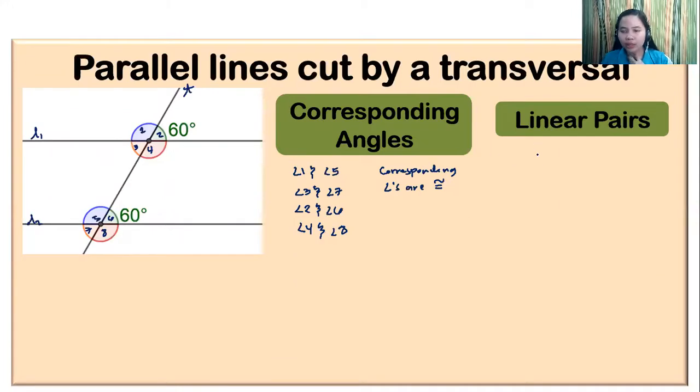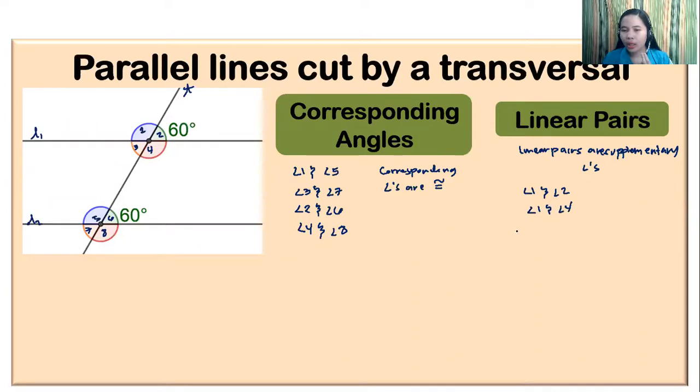So linear pairs are supplementary angles and they are adjacent angles. Ibig sabihin naman po magkadikit. Like angle 1 and 2, angle 1 and 4, angle 3 and 4, angle 2 and 3.